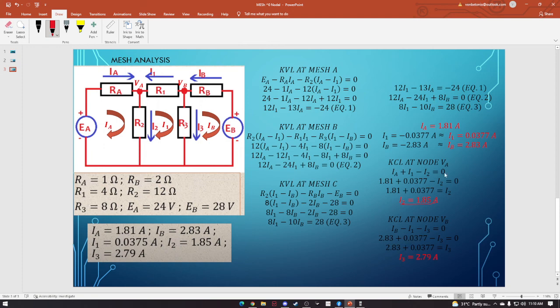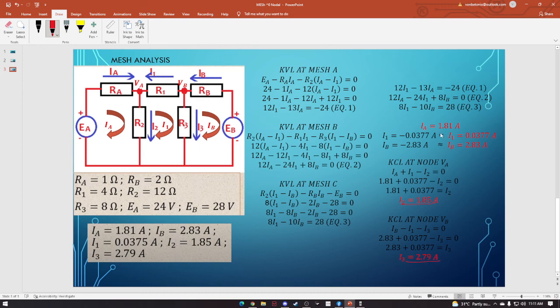And input the values of IB and I1. So IB is 2.83 plus 0.0377 minus I3 equals 0, so transpose I3. So I3 is equal to 2.79 ampere.